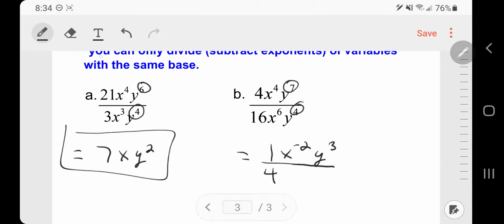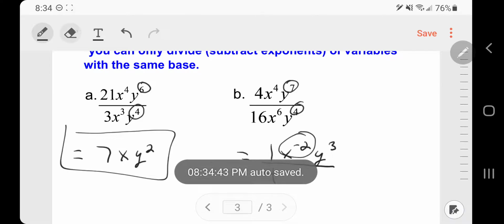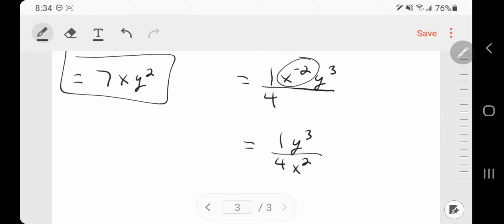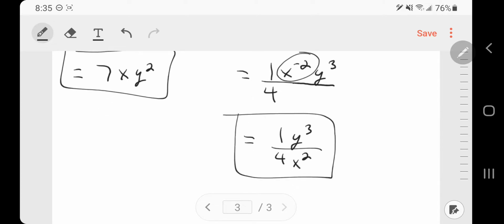So not quite yet my final answer. We see here that I have this x to the negative 2. That's the piece that I'm going to have to use the reciprocal for. So everything else stays right where it is. And the only thing I am doing is moving this x to the negative 2 to the bottom. It's going to become x squared. And y to the 3rd stays right where it is. And this would be my final answer.